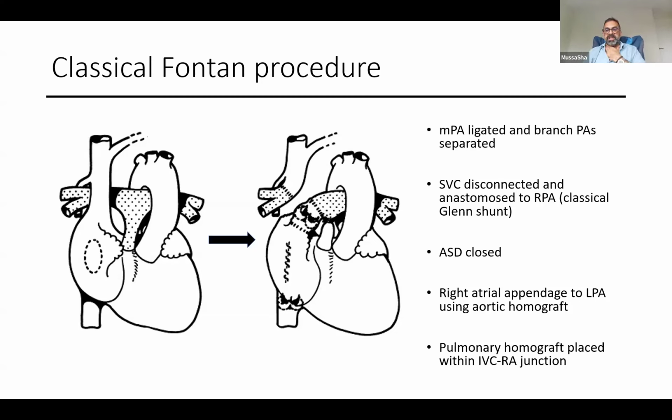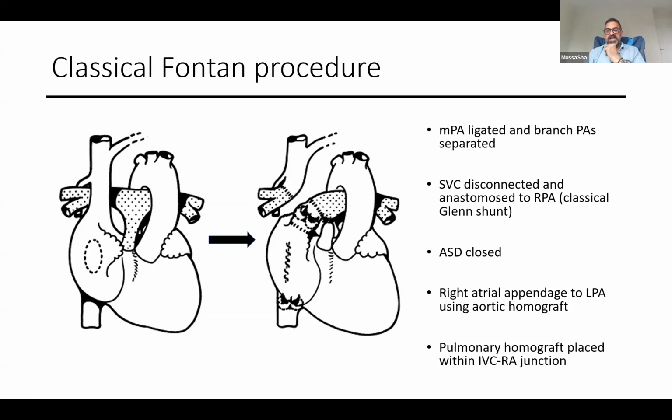And then the ASD was closed, and then the right atrial appendage was used as a conduit, really, to connect to the left pulmonary artery. But because Fontan felt that he didn't want to have regurgitation from the pulmonary circuit back into the heart, he used an aortic homograft to form that connection between the right atrial appendage and the left pulmonary artery.